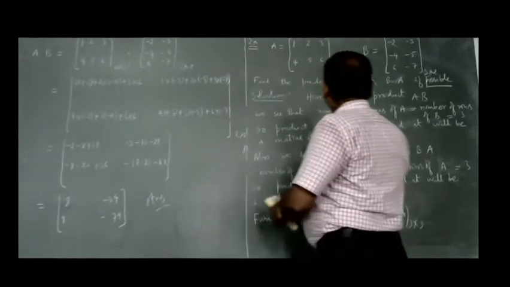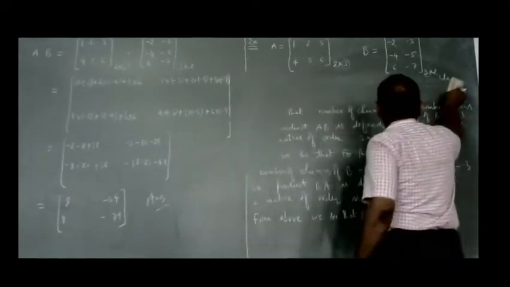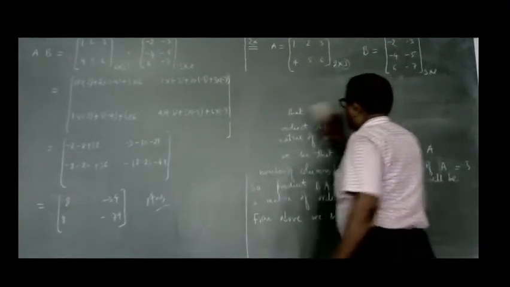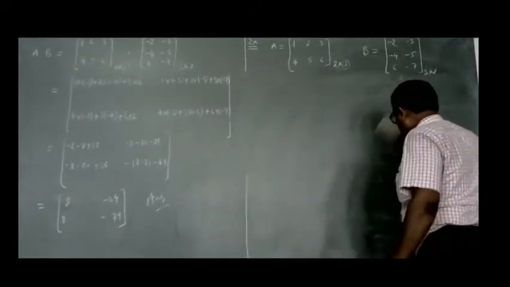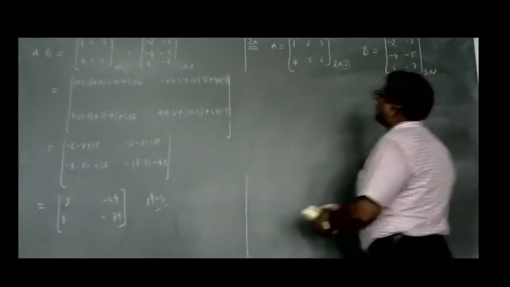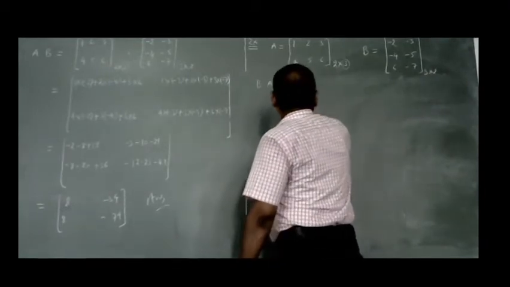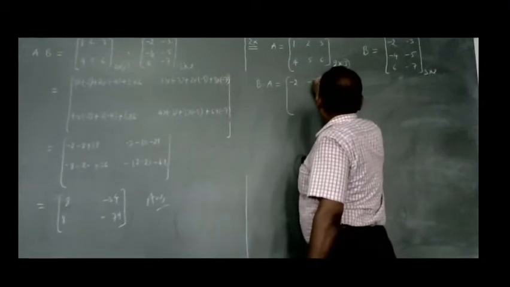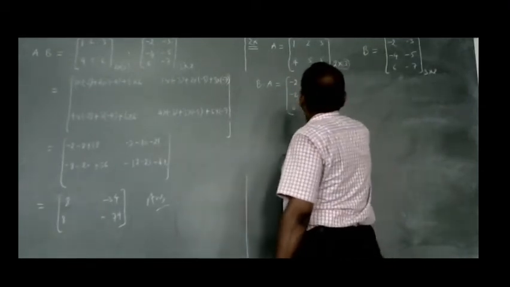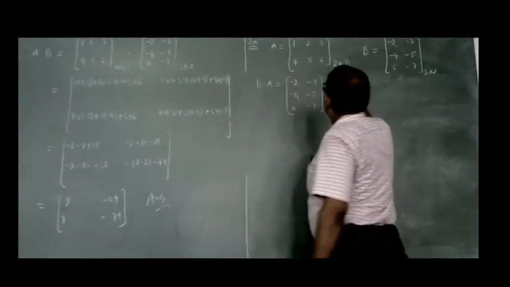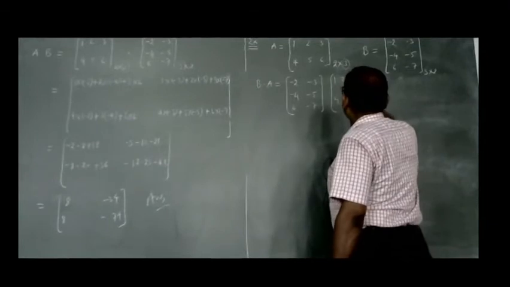In the same way, when you find B into A, you write here minus 2, minus 3, minus 4, minus 5, 6, minus 7. A is 1, 2, 3, 4, 5, 6.